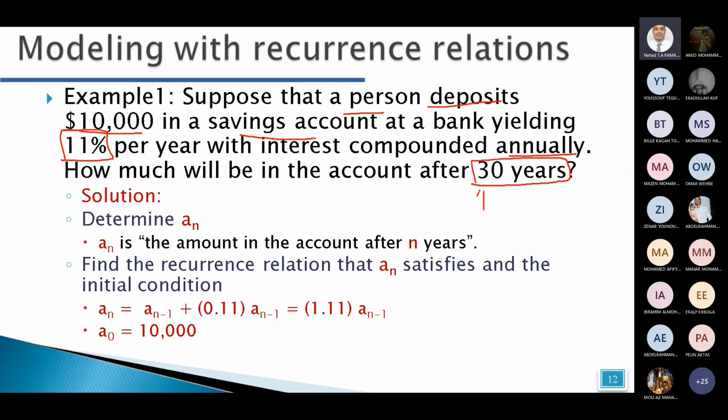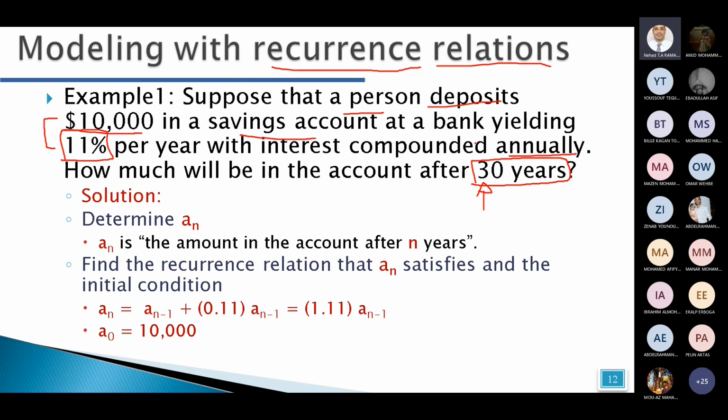To find the value after 30 years, first you need to make a recurrence relation because it's repeated. Every year you get this percent. So you will find a recurrence relation for this repetition. Then from this recurrence relation, try to find the solution, meaning the general term of the sequence.